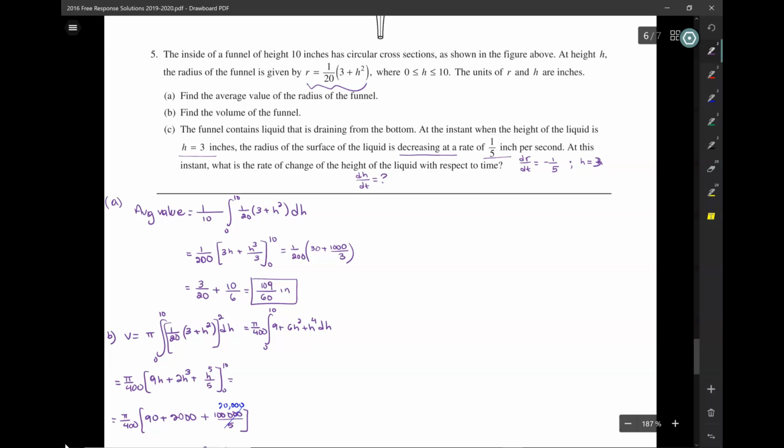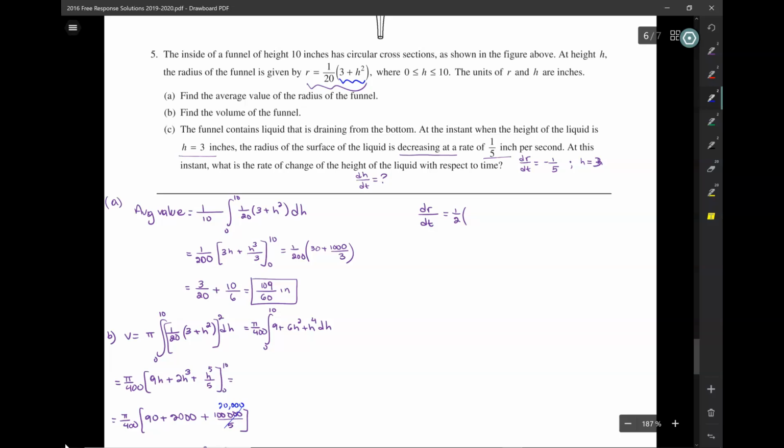Okay, so look at that. I'm lucky here because I'm given r in terms of h, and all I need to do is take a derivative of that, right? So I'm going to take a derivative with respect to time, dr/dt, which means this is going to be 1/20 times the derivative of this with respect to t.